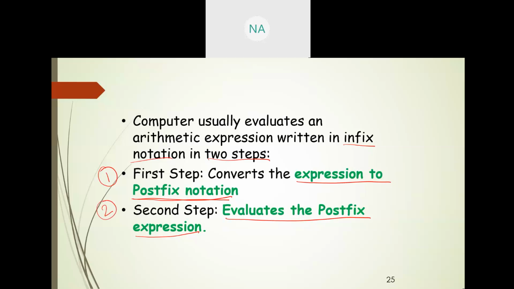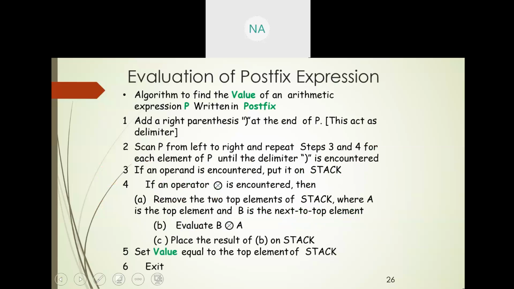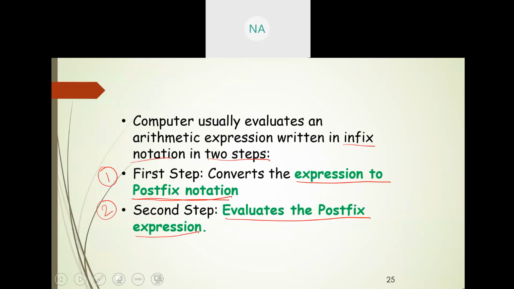Its value is found. So we will discuss these algorithms. In fact, in both these two steps, a stack is used.